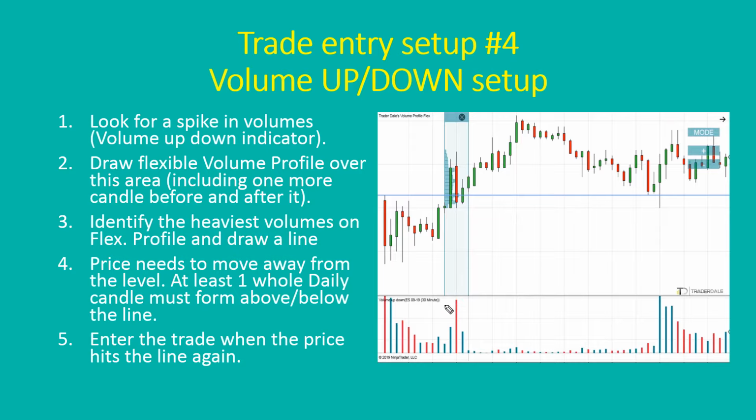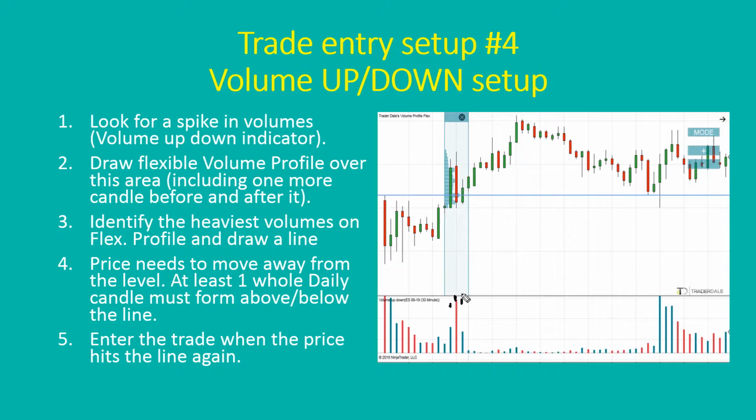Now, when you spot a spike in volumes, like for example in this case, you draw a flexible volume profile over this area, including one more candle before and after it. So the volume spike was those 3 candles.